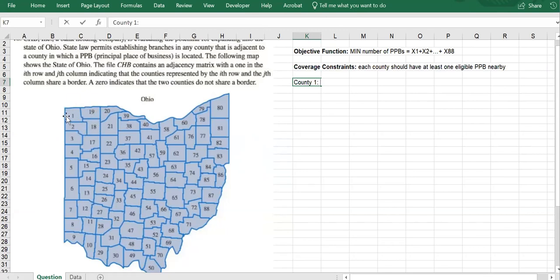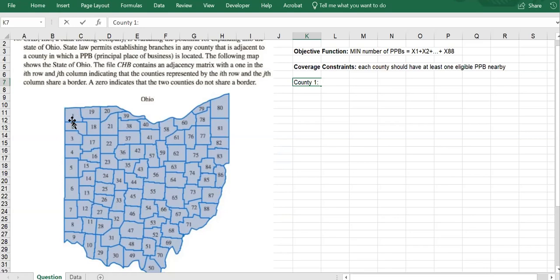So I would say if x1 plus x2 plus x18 plus x19 is at least 1, if the sum of the decision variables for these 4 is at least 1, that means that at least in one of these counties there is one PPB, which means that you can cover county 1.